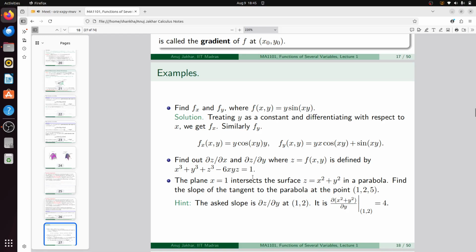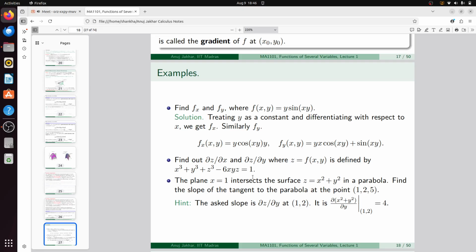So what will del z del x be? It will be 3x squared, and there will be another term, minus 6yz, divided by 3z squared minus 6xy, right?